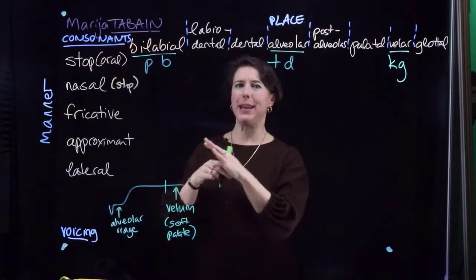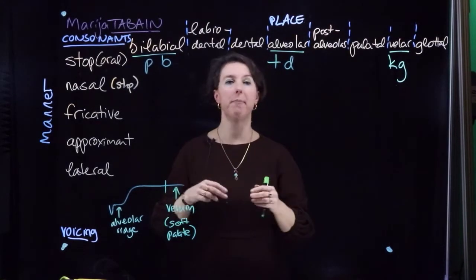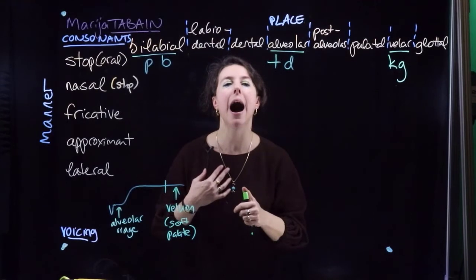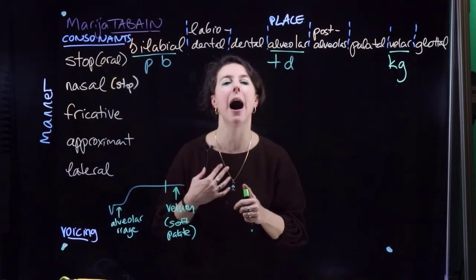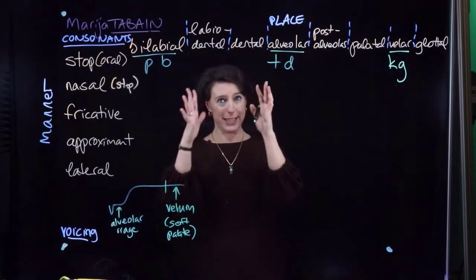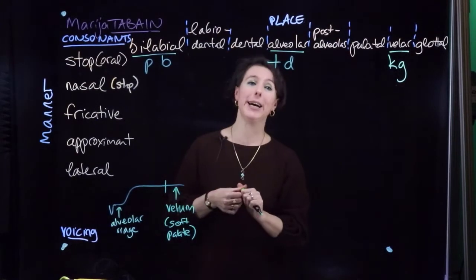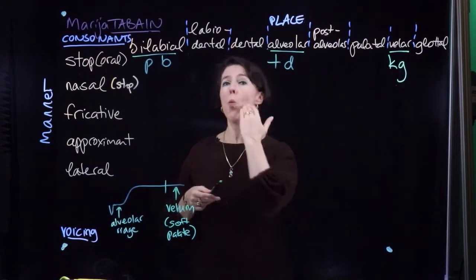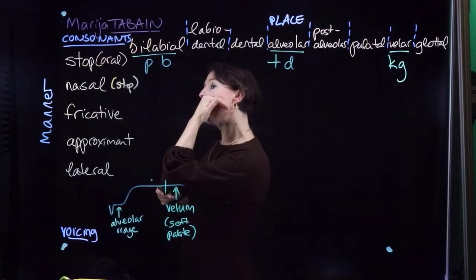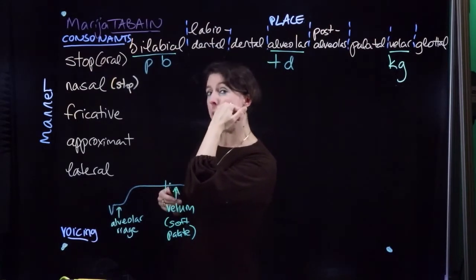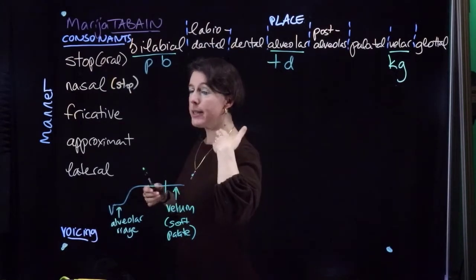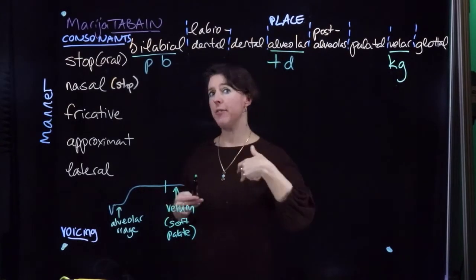The flapping was me trying to raise and lower my soft palate. I'm sorry, I really can't see if that's coming through on the video. So when you lower that soft palate, this soft part of the back of the tongue, it actually allows the air to flow through your nasal cavity.